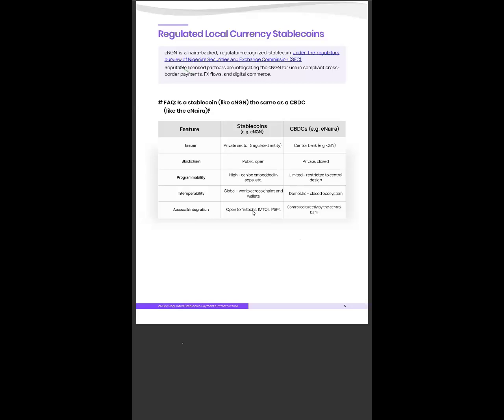Obviously, central banks need to restrict their CBDCs for obvious reasons. Stablecoins can work globally across all the different blockchains, wallets, ecosystems. Central bank money needs to be domestic for obvious reasons and stay closed. So those are some of the things we touched on.